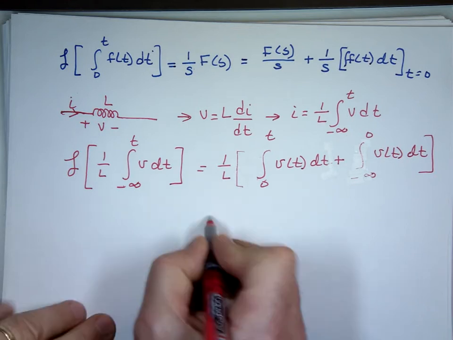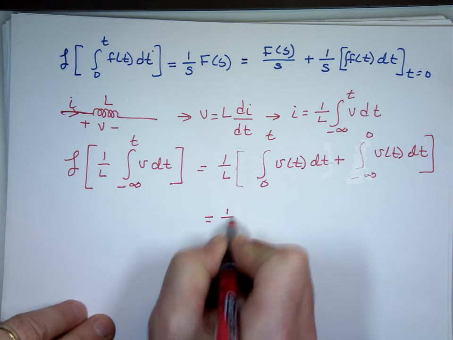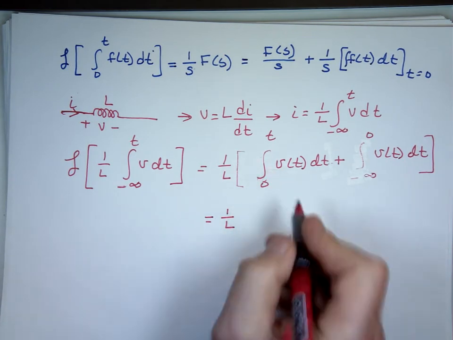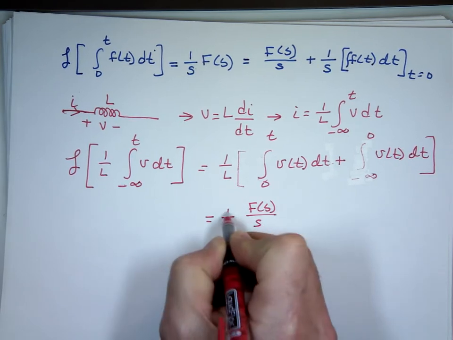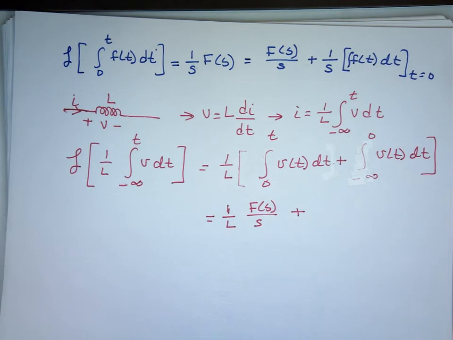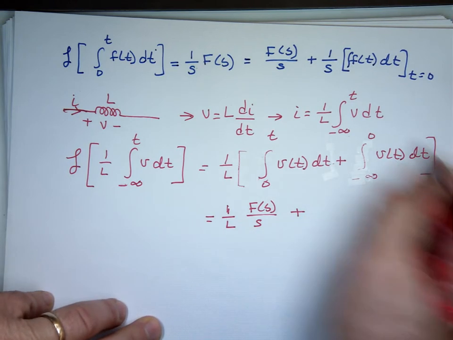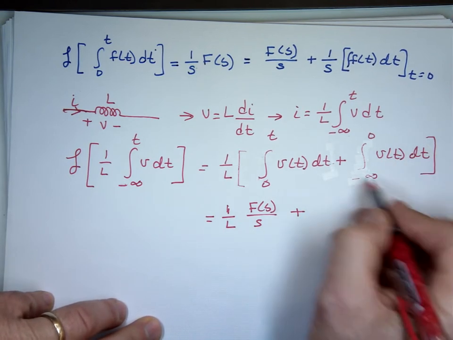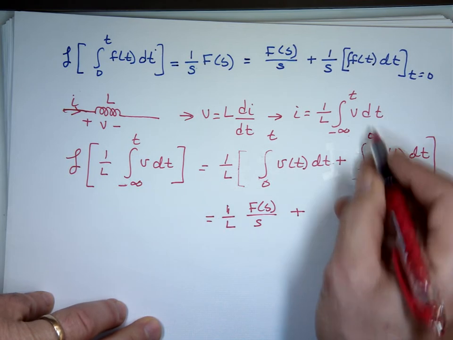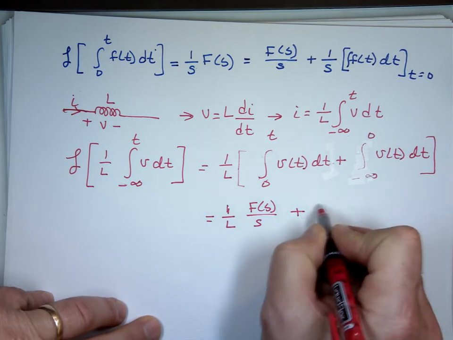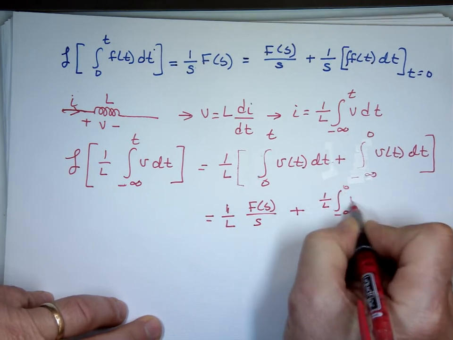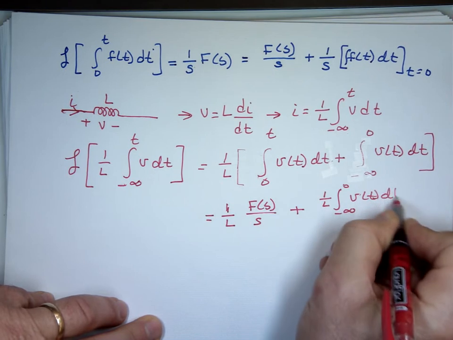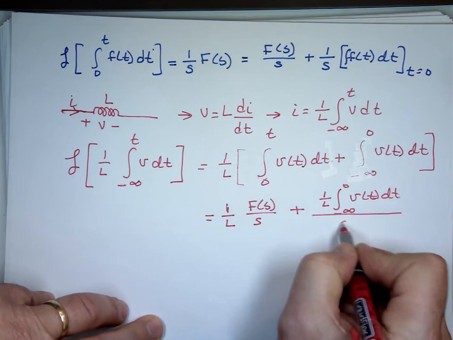And you're going to end up finally with 1 over L. The Laplace of this will be F of s over s, plus this integral, which will give us the current at 0: 1 over L, the integral from negative infinity to 0 of v dt, divided by s, because when you integrate it's over s.